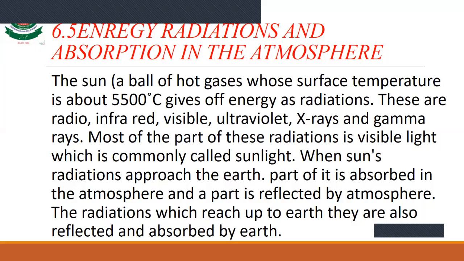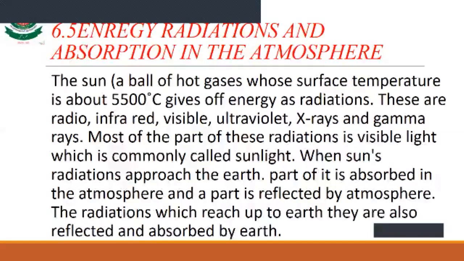Okay, when the sun's radiation approaches the earth, part of it is absorbed in the atmosphere because of the ozone layer. Some of the rays have been trapped by the ozone layer, by the atmosphere, and a part is reflected by the atmosphere.